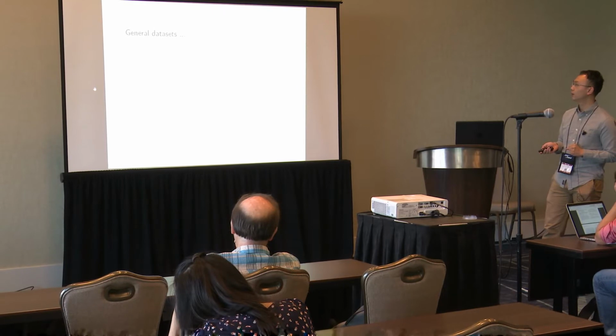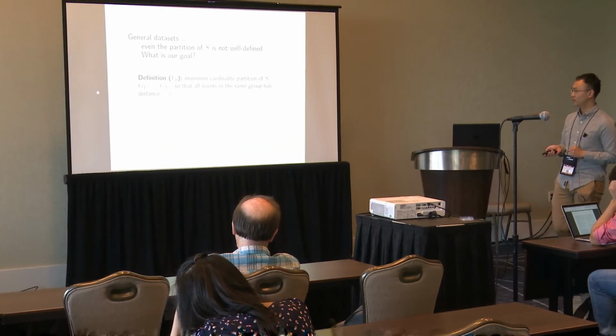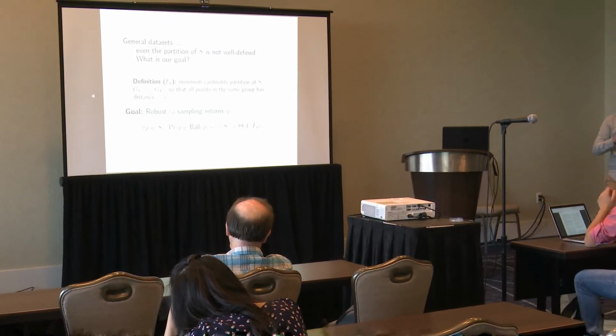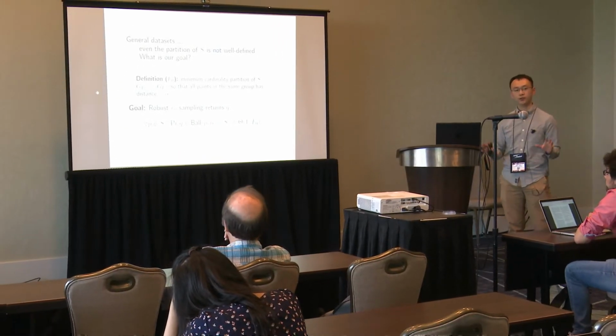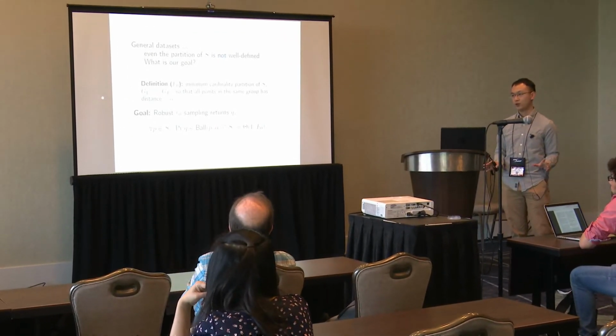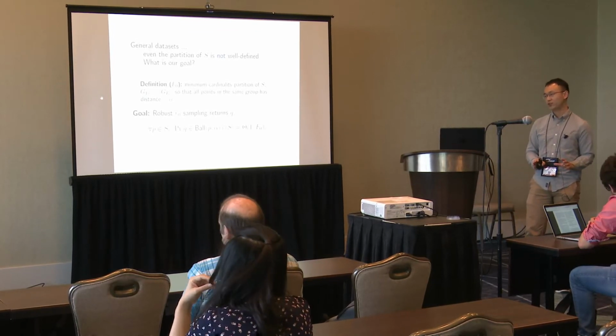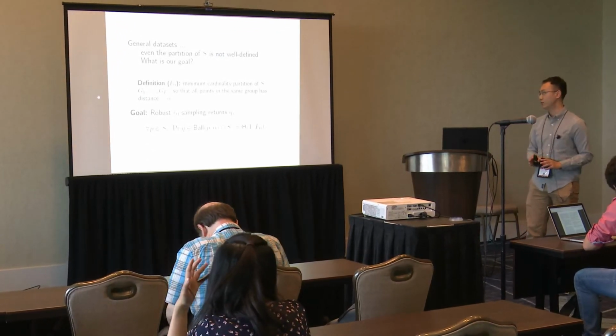Okay, so let's get to the general data set, when the data set is not well separated and we have no natural partition for this data set. What can we do? There isn't too much we can do, but we still have some theoretical guarantee.